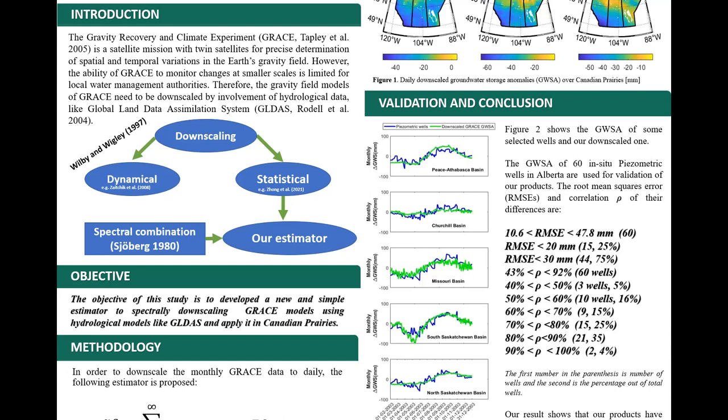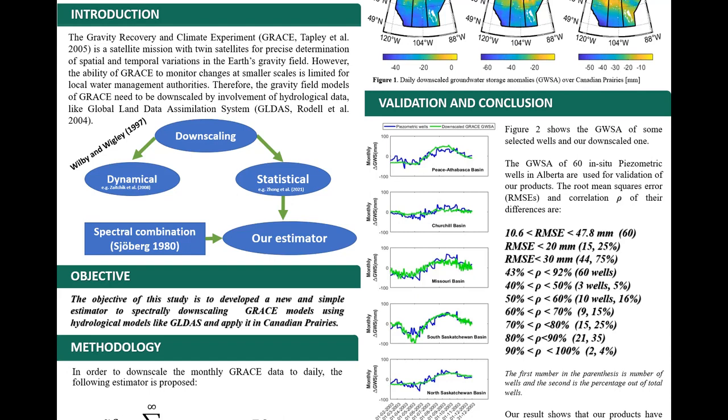To do so, we use the spectral combination, which was introduced by Sjöberg in 1980. The idea of Sjöberg was to combine satellite gravity models with the terrestrial data and the Stokes integral at that time. The point was that the terrestrial data theoretically contains all frequencies, but not satellite data. Satellite data are always limited to a specific degree or a specific frequency.